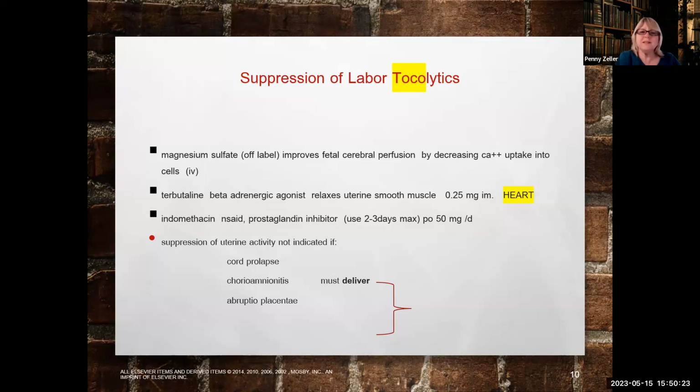We're not going to suppress any preterm labor if we suspect an infection, like an infection in the amniotic fluid or an infection in the uterus, because we need to rescue the baby and treat mom.